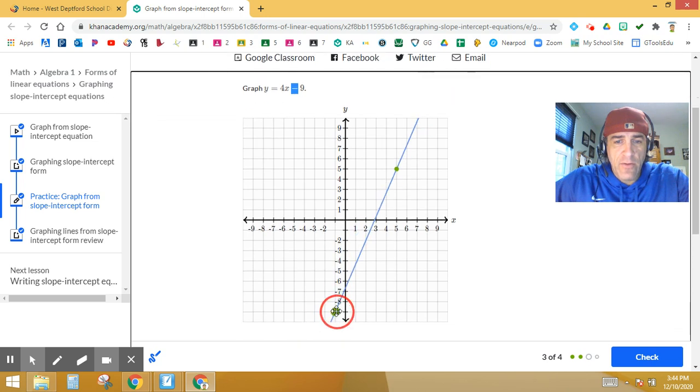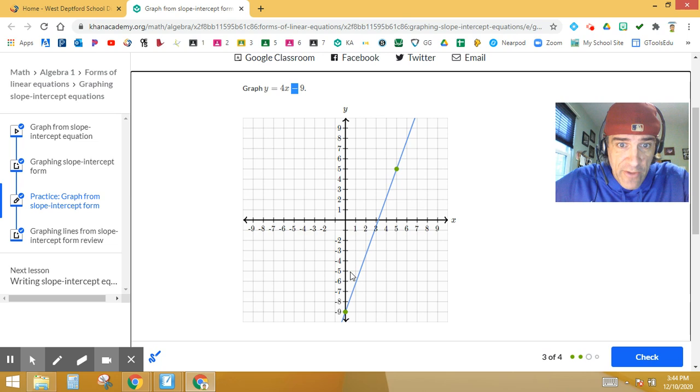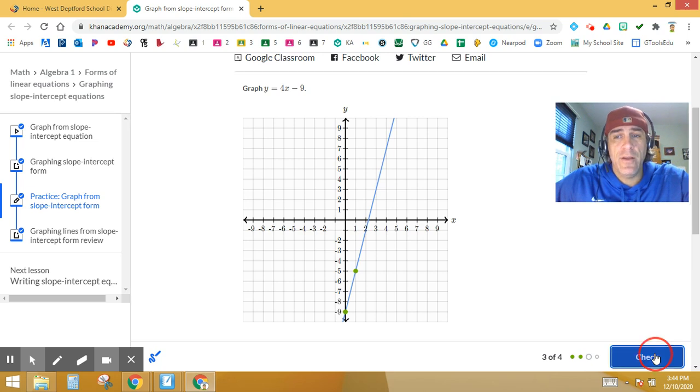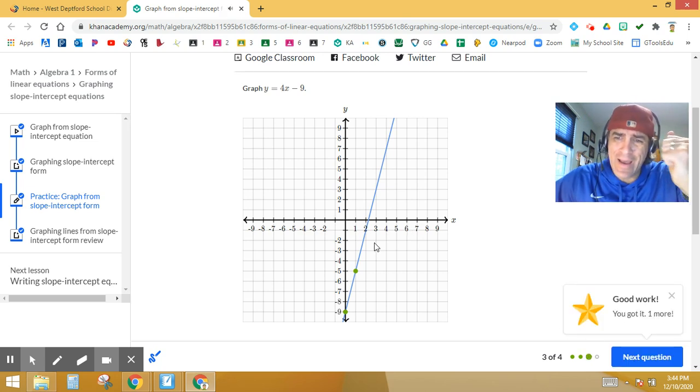I'm going to drag it down, make sure it's directly on there, and you have to be very careful that these spots are precise. It's definitely on -9. Now I identify my slope, which is 4. So from -9, I'm going to go up 1, 2, 3, 4, which will be up at 5, and then over 1. I plot those 2 points, and it makes the line. Let me check. Oh yeah, I got it. Good work. And that's how you graph online.